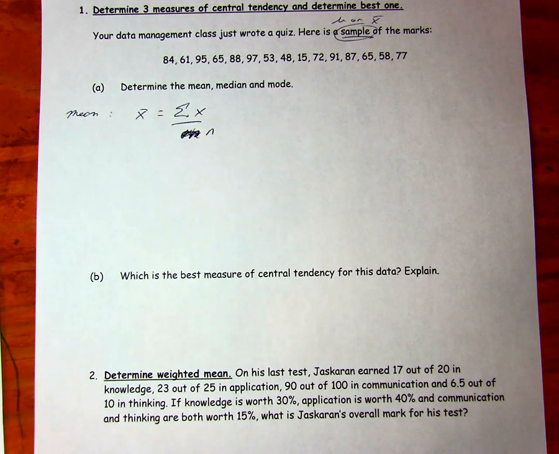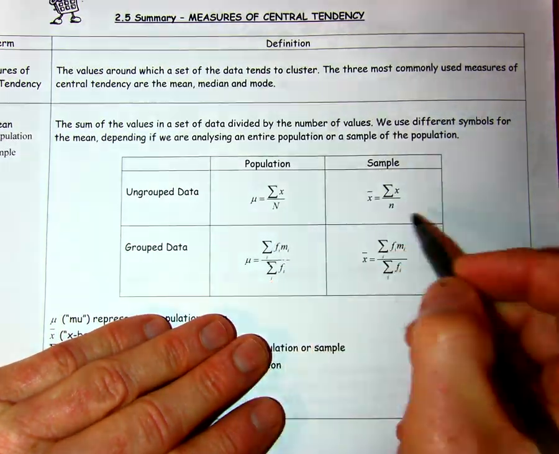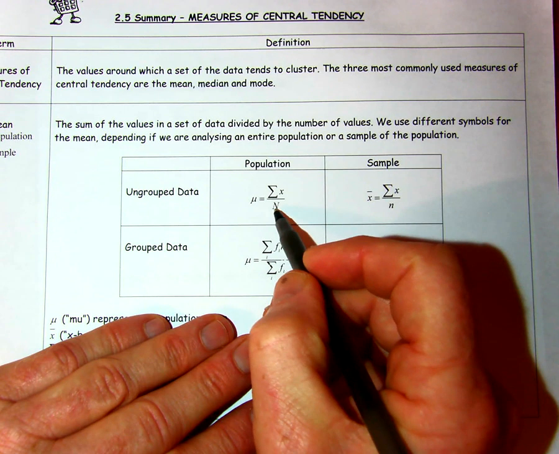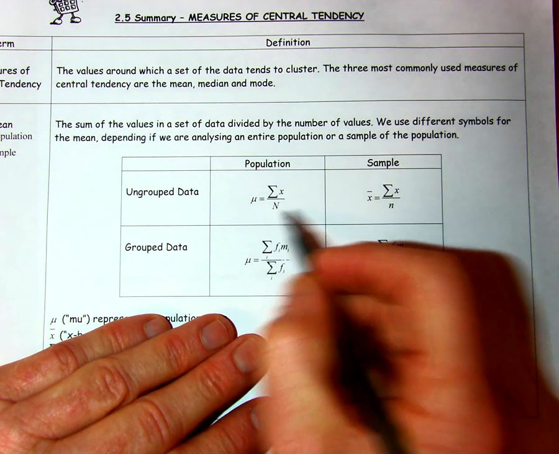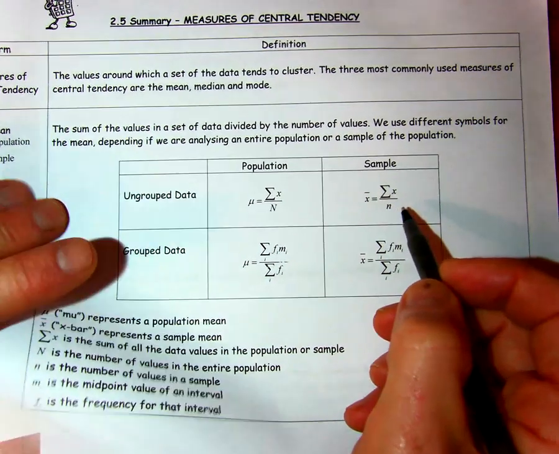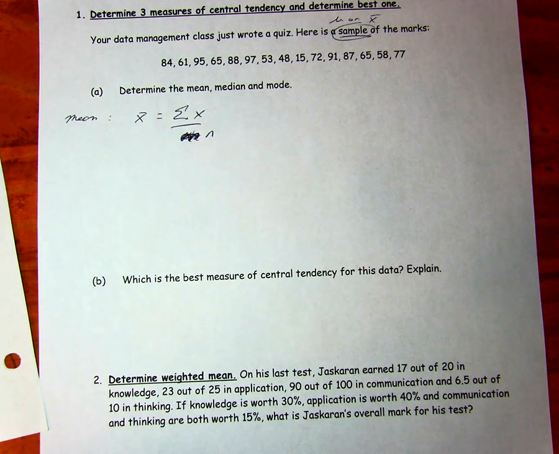I think I briefly talked about this: if you have a sample, n is the number of things in your sample. Big N is the number of the total things in the population. So even that symbol is different. One is capital N, one small n, but don't get too caught up. It doesn't really matter that much. So technically it's a small n, not a big N.